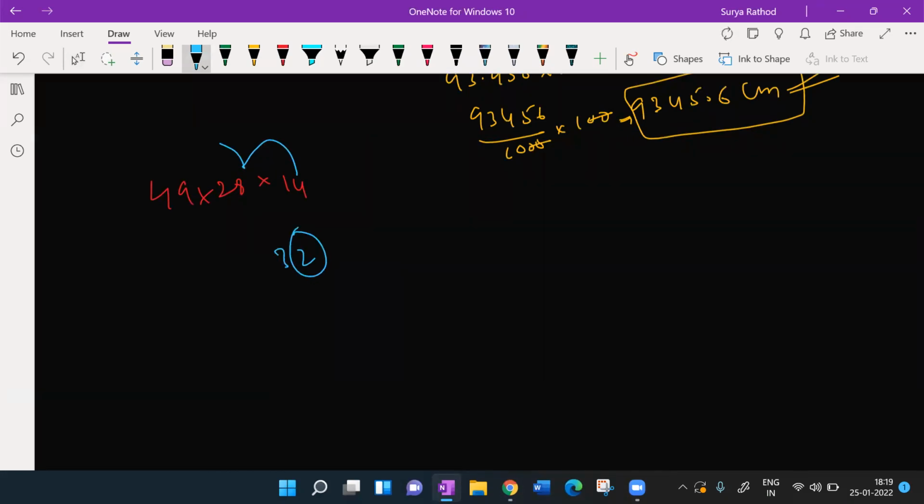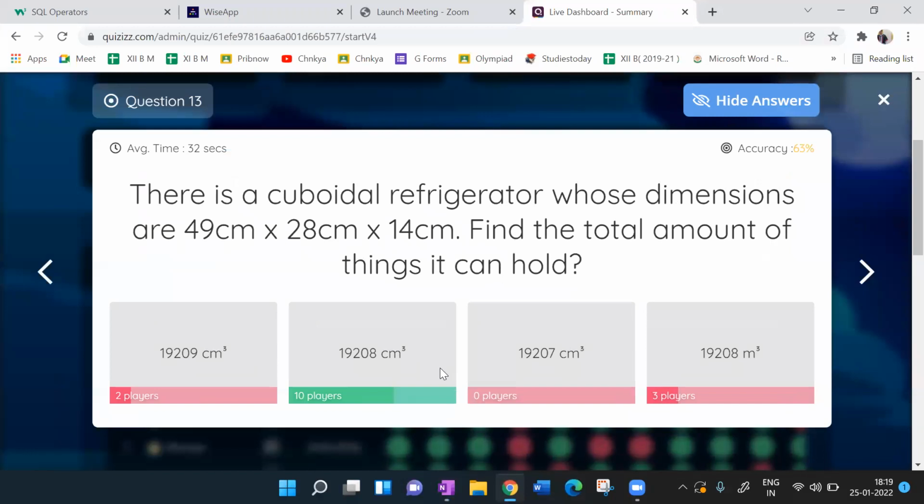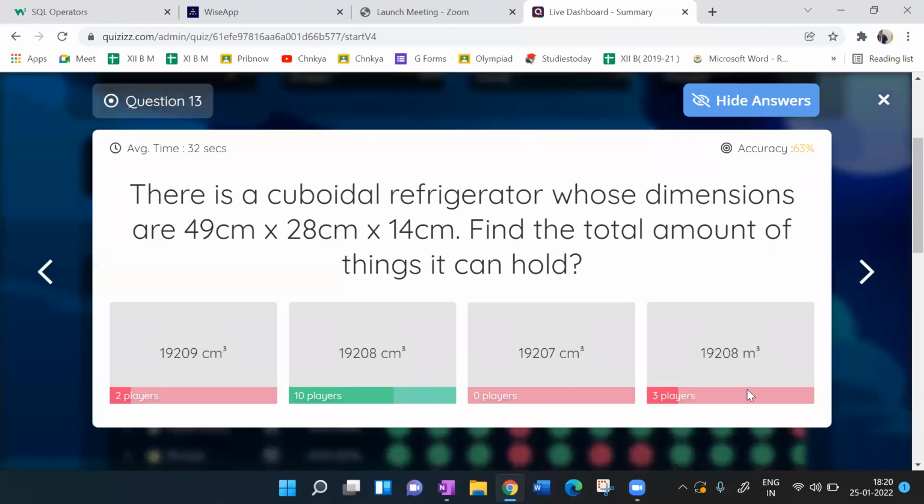Take the unit digit again, 2 into 9 is 18. The unit digit should be 8. Whatever the option you get, your unit digit would be 8. Which option is giving me unit digit as 8? Option B. Option D also gives unit digit 8, but the units are different here. My units are in meter, but it is given in centimeter, so option B should be my correct answer, right?